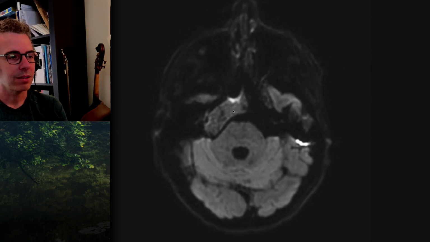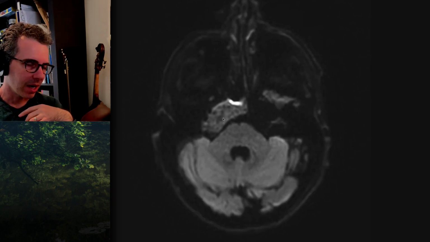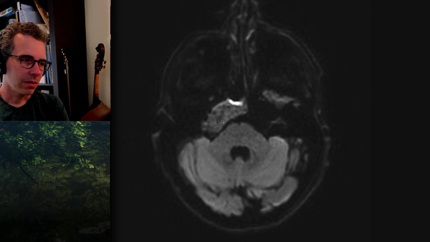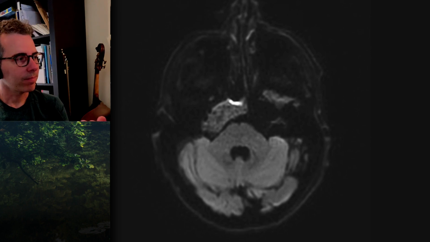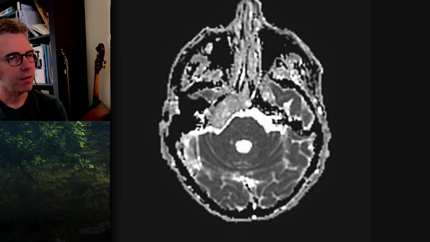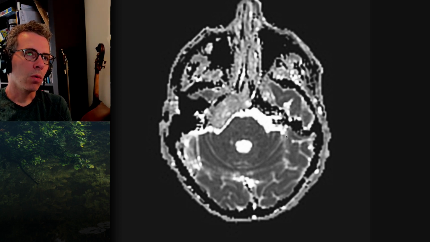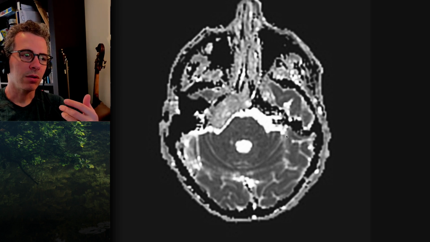Yeah. So that's fine. But that's DWI, and only one component of it is true diffusion. The other component is T2 signal. When you go to ADC, if you're expecting an epidermoid or a cholesteatoma to be low on ADC like a stroke, then you will not call it because they never are that low.